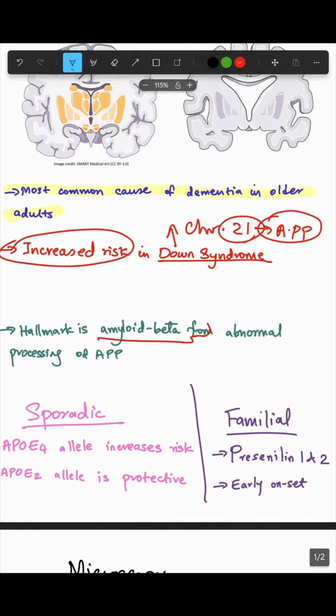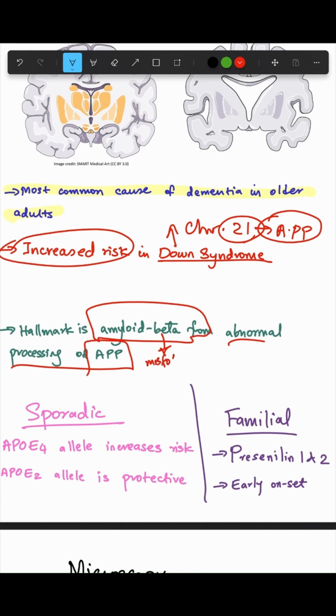It's the amyloid-beta from the abnormal processing of amyloid precursor protein, right? These amyloid betas are misfolded, they are sticky, and they begin accumulating outside the neurons, forming what are known as amyloid plaques. We'll get to that in a bit.